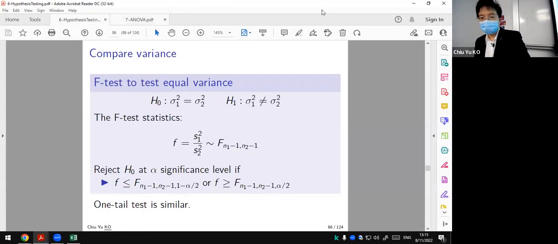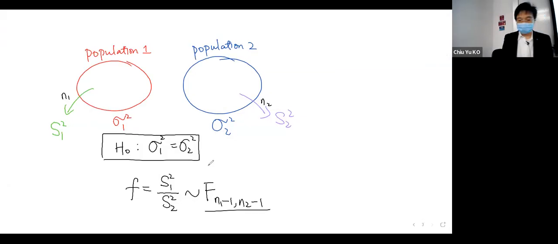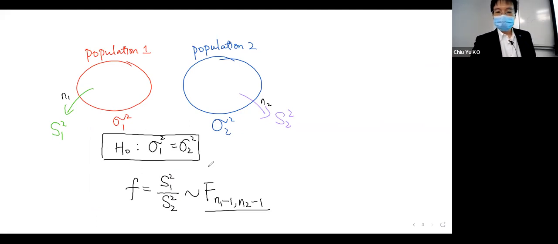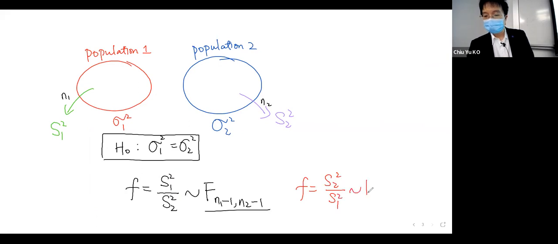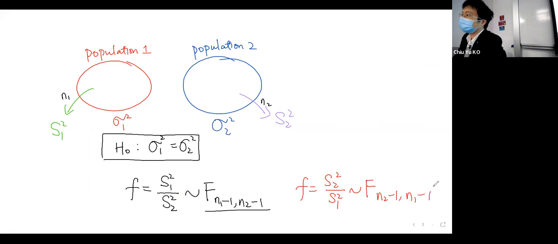One thing you might wonder is, I put F1 as the first, F2 as the second, right? One's numerator. You probably would ask, what if we do it the other way, do we get the same result? Yes, you get the same result. It will become F2 minus 1, F1 minus 1, but regardless of which one you put, the result is the same, so there's no bias of one over the other.